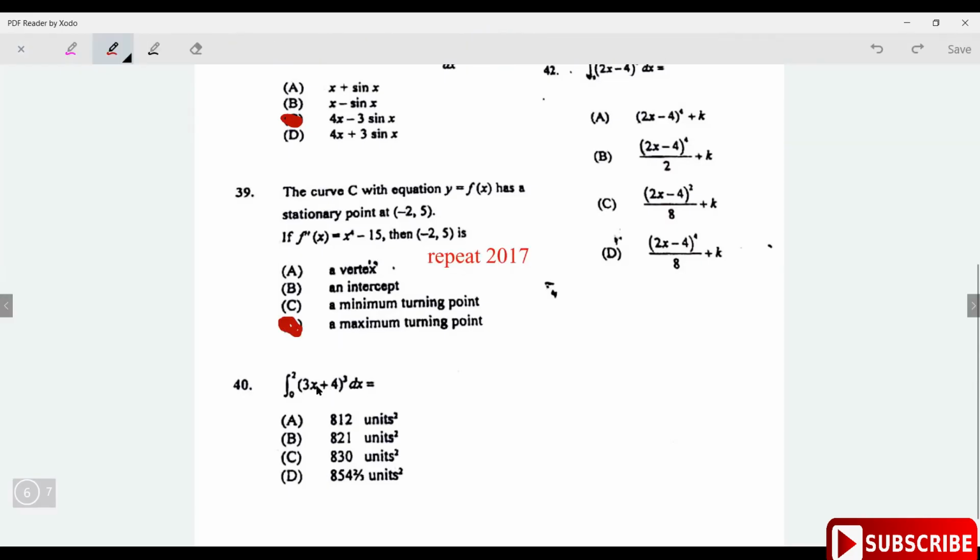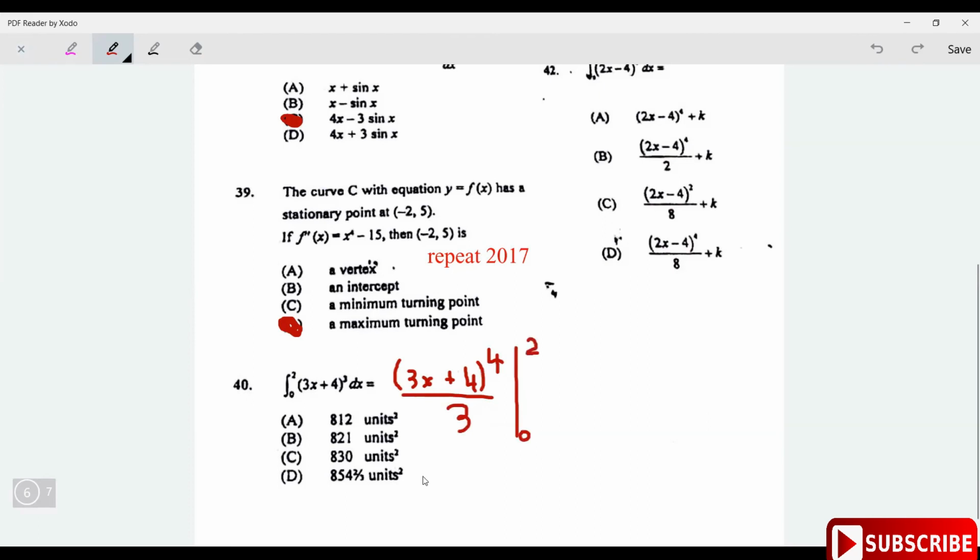Looking at the next one. What is the integral of 3x plus 4 cubed? When you integrate it, you're going to get 3x plus 4 raised to the 4th power, and then you divide it by the differential in the bracket of 3. And we're going from 0 to 2.